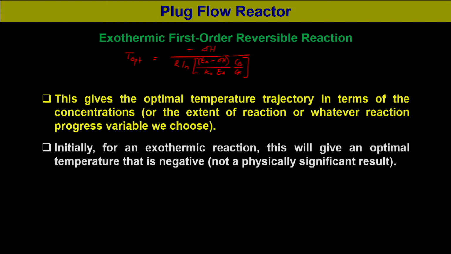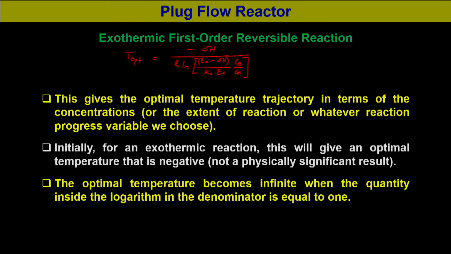Initially, if we look into the exothermic reaction as we discussed for the batch reactor as well, this will give an optimum temperature which is negative, because delta H is negative for exothermic reaction. So, that is not a physically meaningful result. The optimum temperature becomes infinite when the quantity inside the logarithm in the denominator is equal to 1.